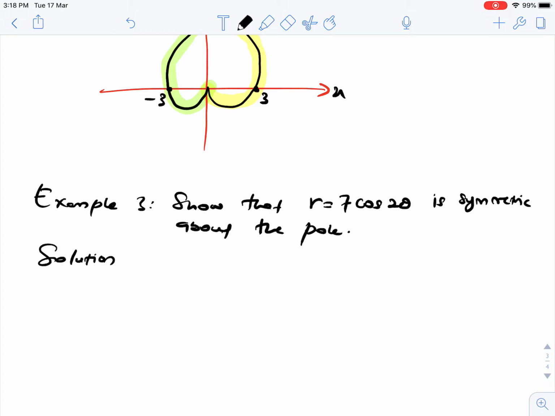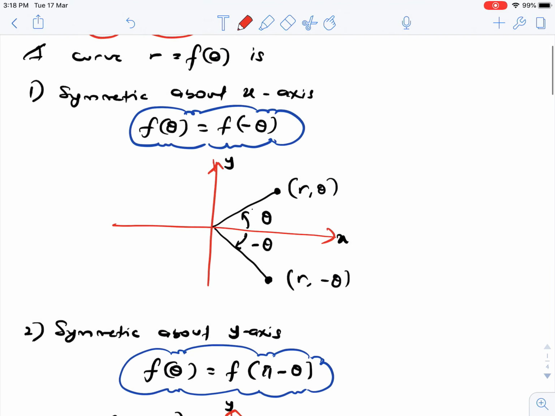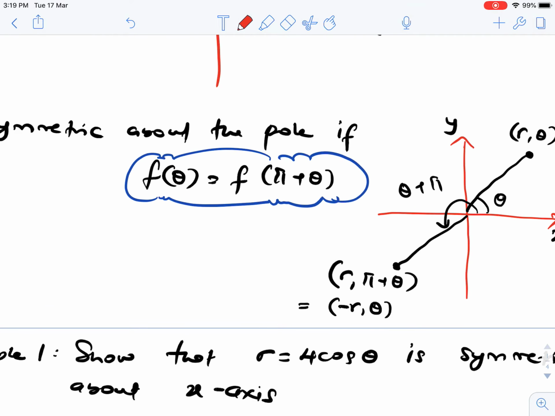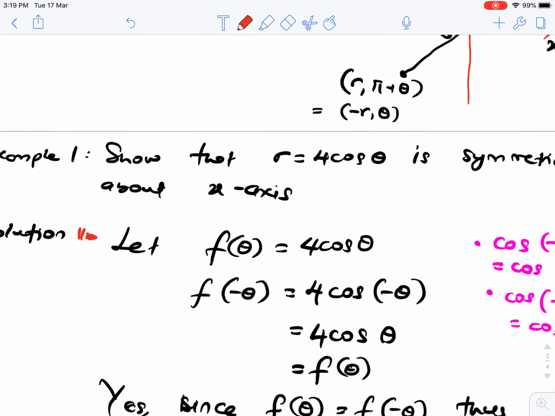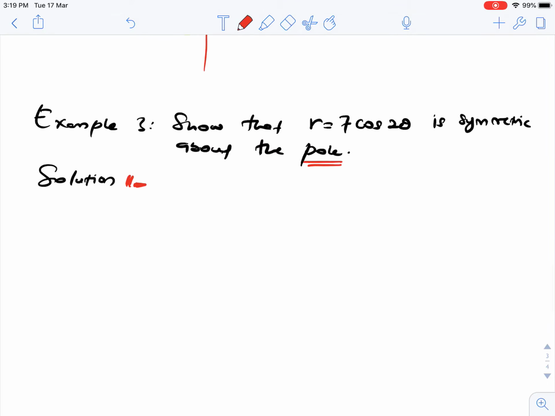Solution. Okay, let us scroll down. Symmetric about the pole, we need to show that. Let us scroll back to the formula. Yes, here: symmetric about the pole if f(theta) equals f(pi plus theta). Okay, f(pi plus theta). So now let us answer.